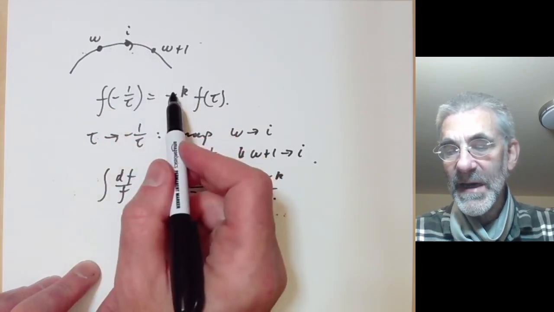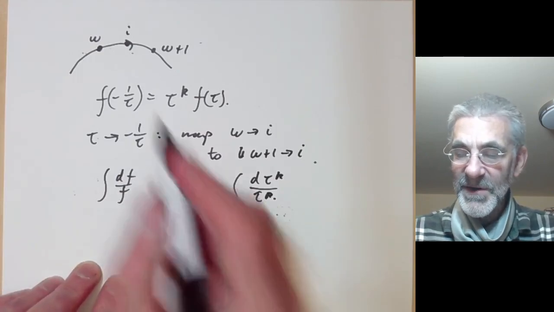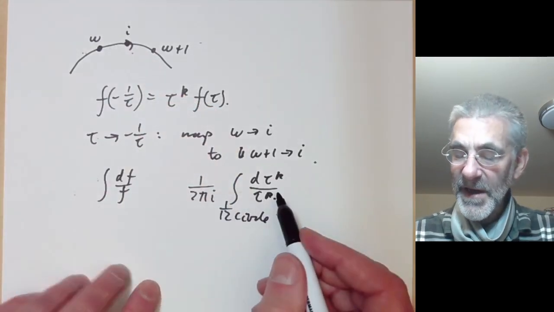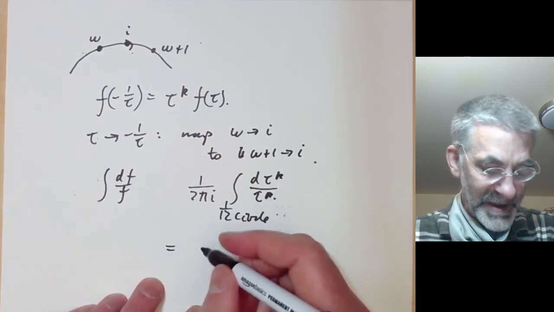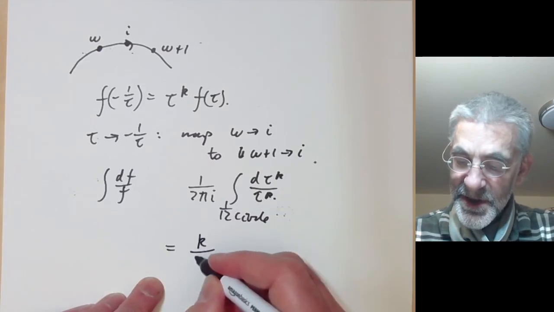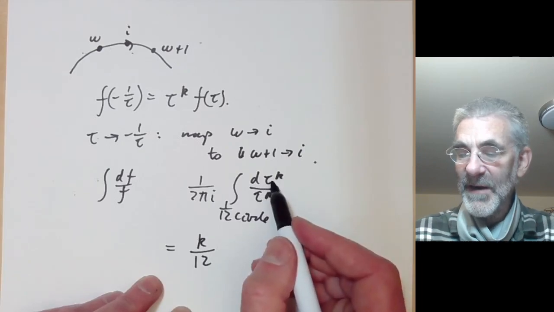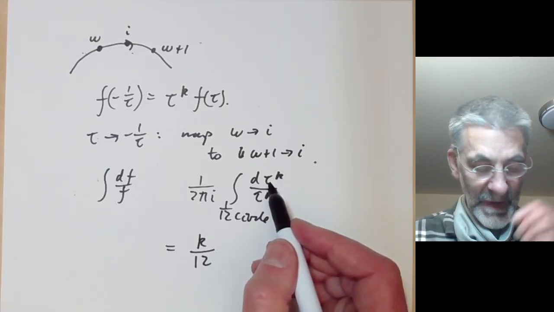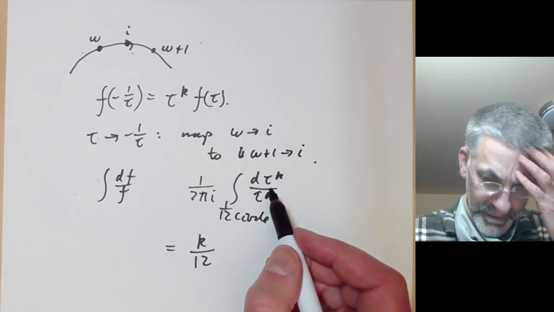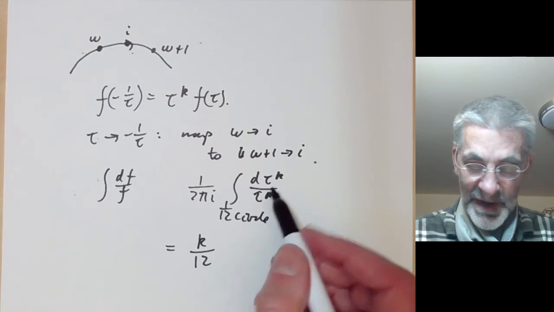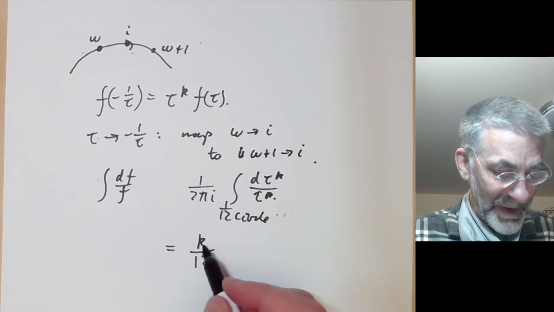But since we've got the tau to the k in, when we integrate this, we're left with d tau to the k over tau to the k over one of these little bits here. And this is easy to work out because it's just k over 12. If we went all the way around this circle, it would just be the number of zeros of tau to the k, which would give us k, but since we're only integrating around a 1/12 of the circle, we only get a 1/12 of that.